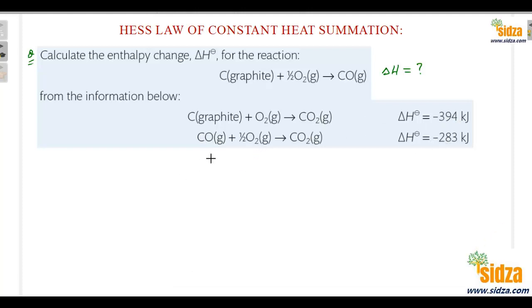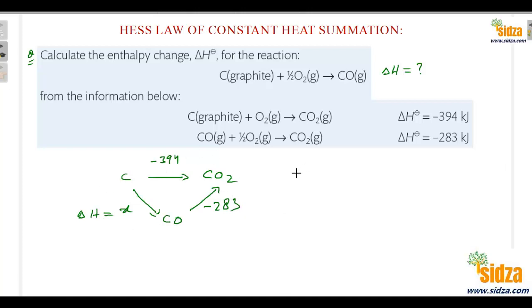When you convert the carbon into carbon dioxide, the heat change is -394 kilojoules. And we have to find, when you convert the carbon into carbon monoxide, what will be the energy change, the delta H. And when you change the carbon monoxide into carbon dioxide, the enthalpy change is -283.